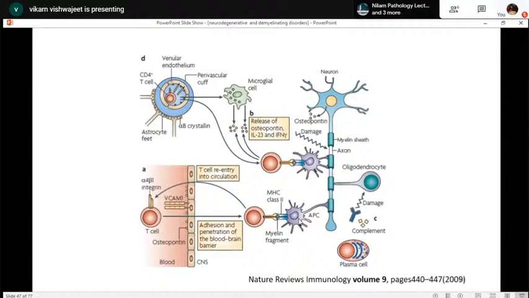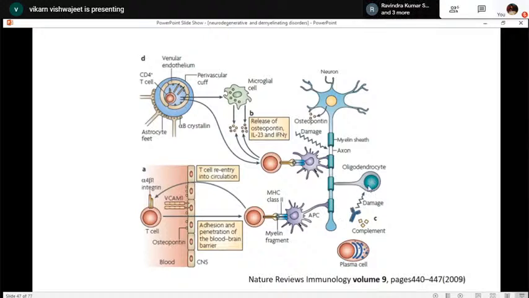Inside the brain, the antigen presenting cells present myelin fragments to these T cells, and then the antigen presenting cells in combination with these T cells secrete cytokines, osteopontin, and other molecules, which cause damage to the myelin sheath.